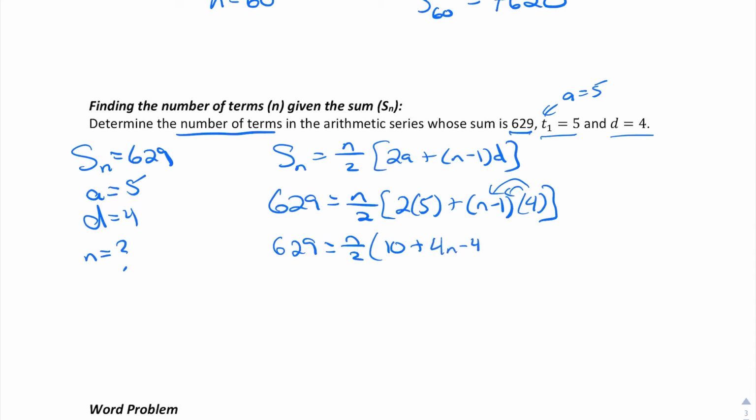So we have to try to figure this out. So let's just simplify first. I'll distribute this 4 in. So 10 minus 4 is 6. Oops, let me fix that.